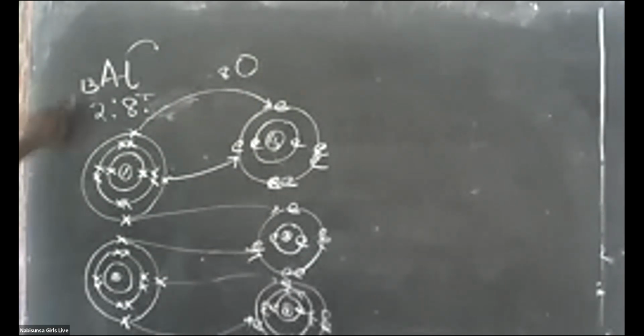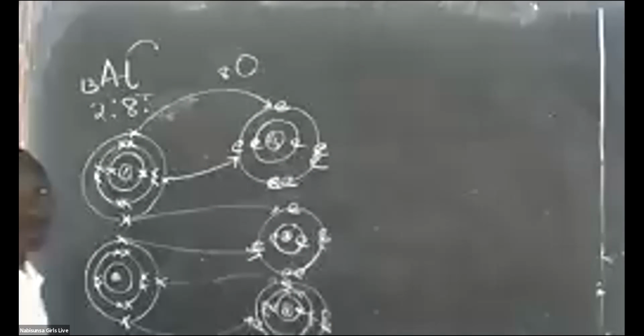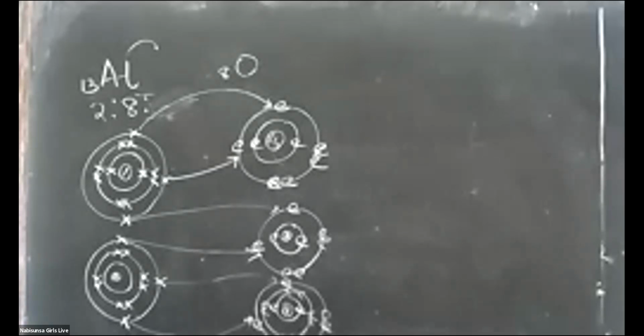So drawing this is going to take a lot of time. You can see drawing about 10 diagrams is not practical. What do we do at the end of it all?